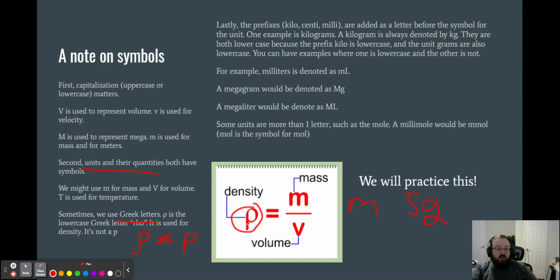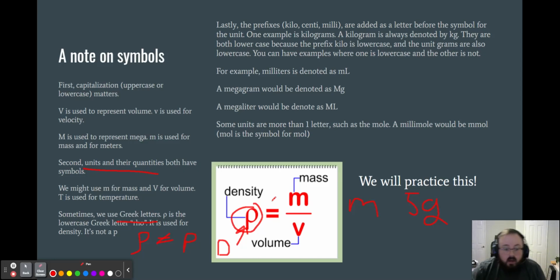So this rho is used as the symbol for the quantity of density. Some other places will use a capital D, probably because it's easier for young kids learning about density. So you might see that if you're looking up stuff. I'm going to try to keep it to the rho.